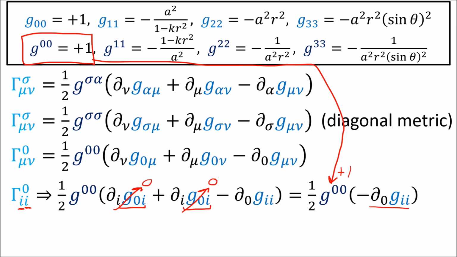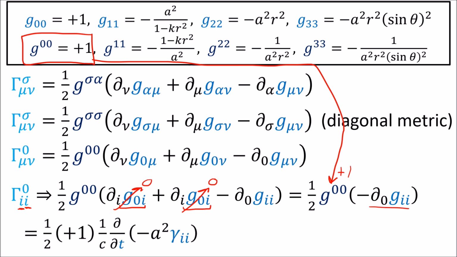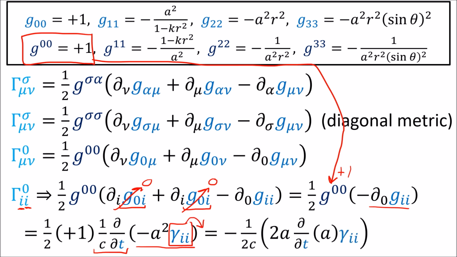And the time derivative of -gii is just the ct derivative of -a squared times gamma ii. Since only a depends on time, and not the remainder of the spatial metric components gamma ii, the derivative of a squared becomes 2a times a chain rule term. We can cancel the 1/2 with the 2 and rewrite the time derivative of a as a dot to get this.